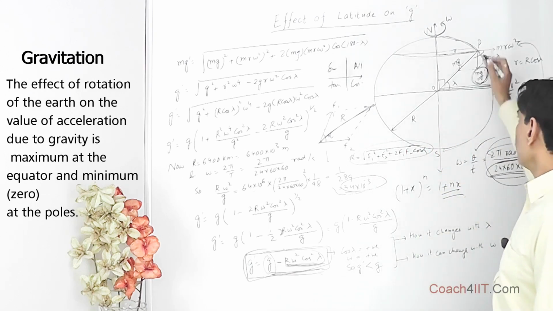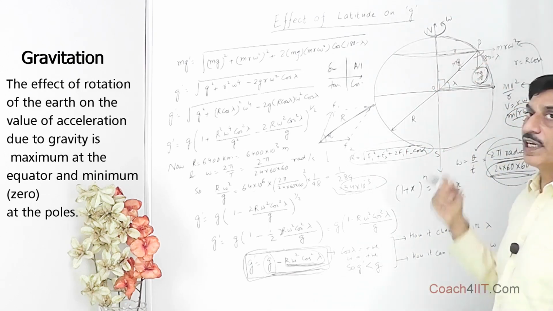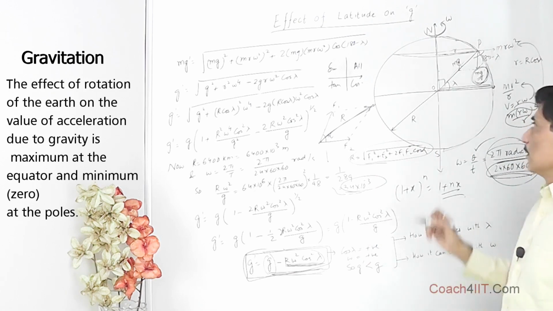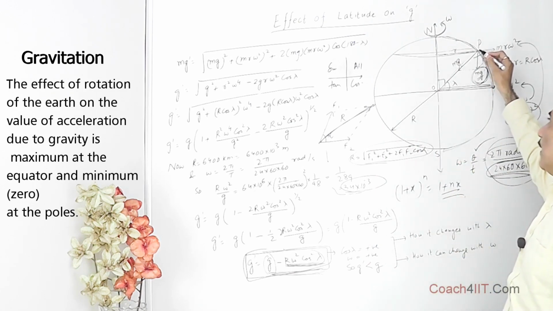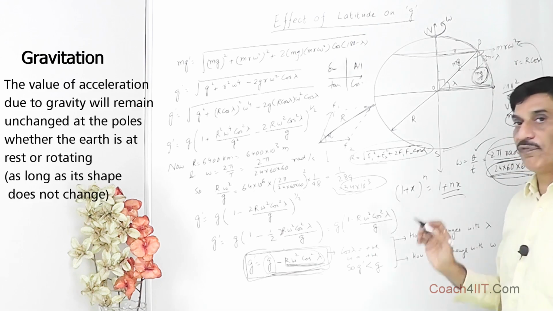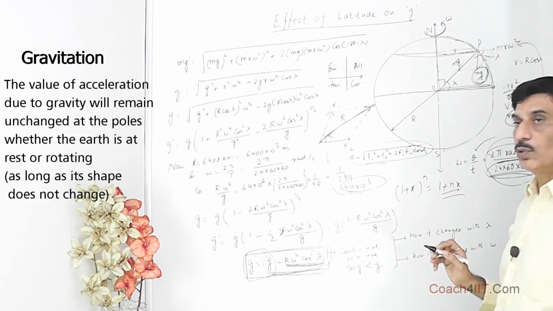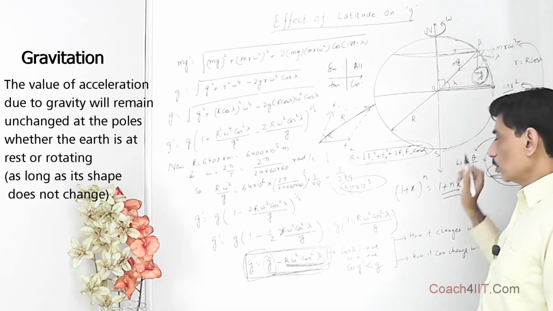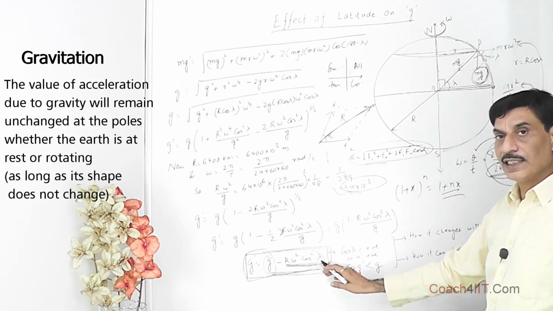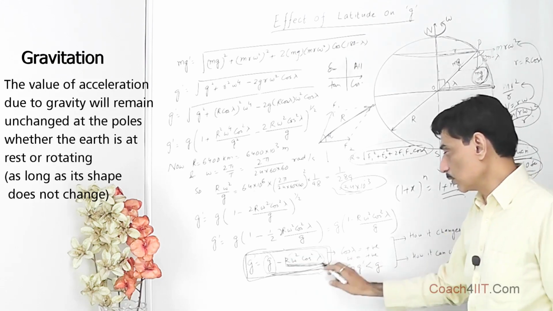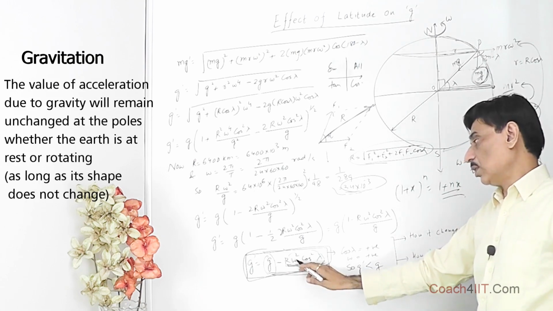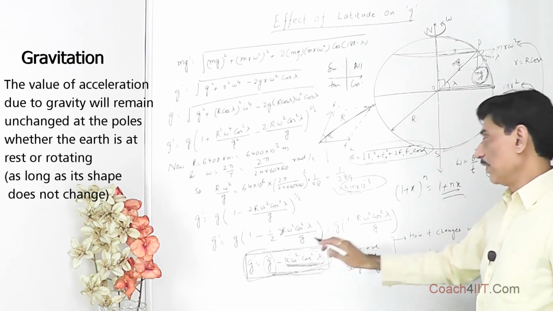So it means for any point, if the earth starts rotating at a higher angular velocity, the net acceleration due to gravity, that is g dash, will be reducing. But there is no effect of omega on the acceleration due to gravity at the two poles, because over there lambda is equal to 90 degree or pi by 2 radians, so this becomes equal to 0.